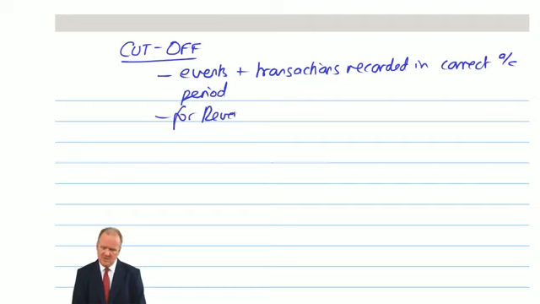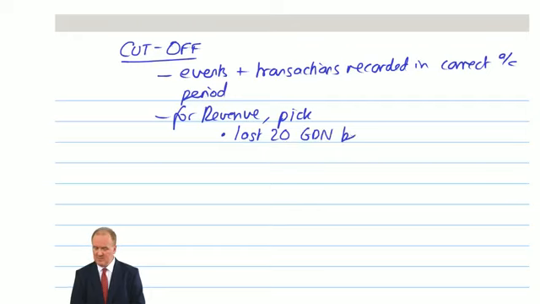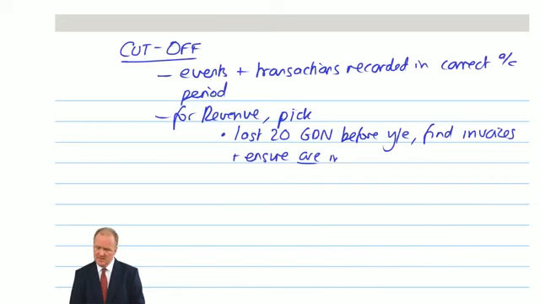So for revenue, what would I do? I would pick the last, let's say, 20 goods dispatch notes before the year end. Find the invoices for those and ensure they are in the sales daybook before the year end.